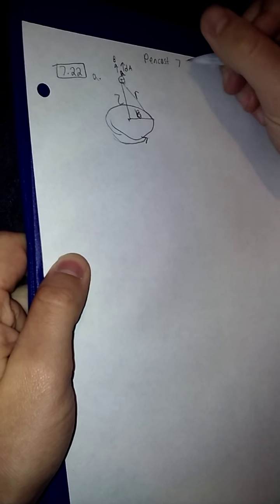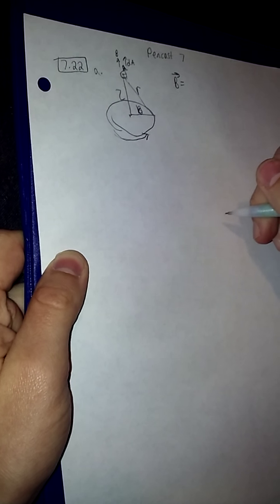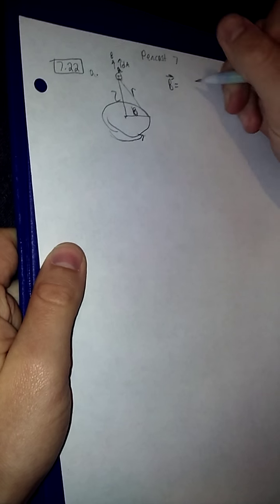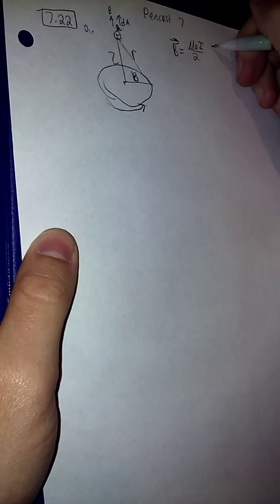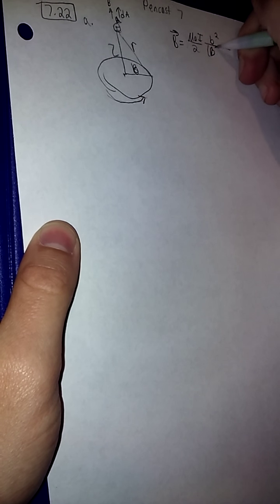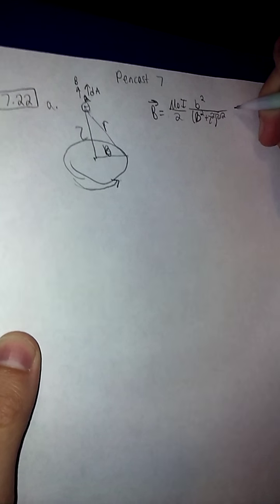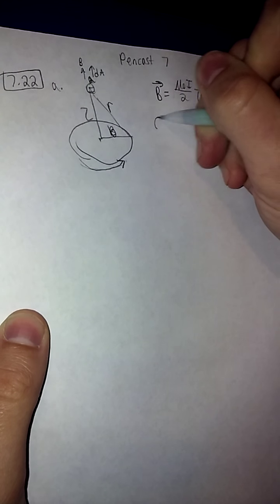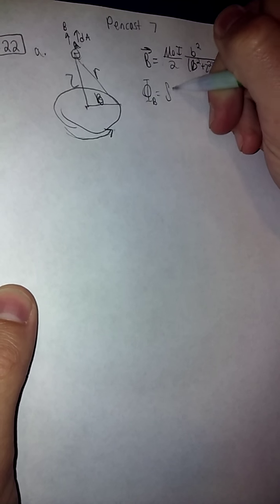This magnetic field is one we've solved before, in example 5.6 in Griffiths, as mu naught I over 2, b squared over b squared plus z squared to the 3/2, in the z hat direction. Then the magnetic flux is the integral of B dotted with dA.